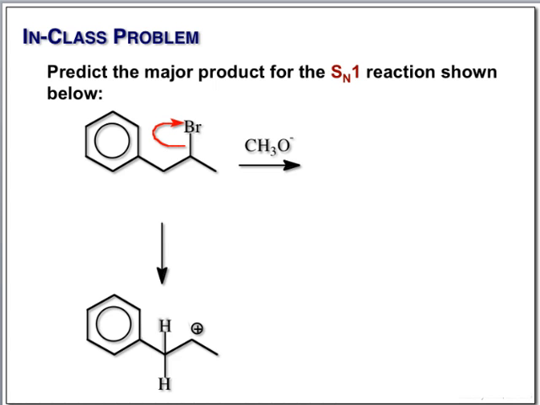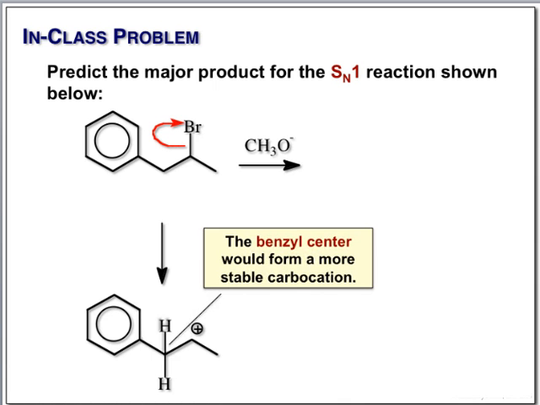Now remember, benzyl carbocations are resonance stabilized. So this is going to be the most stable carbocation center. When we do this, we're going to have a 1,2 hydride shift. Hydrogen with its electrons is simply going to slide over to here.